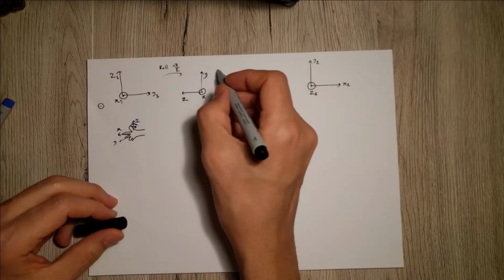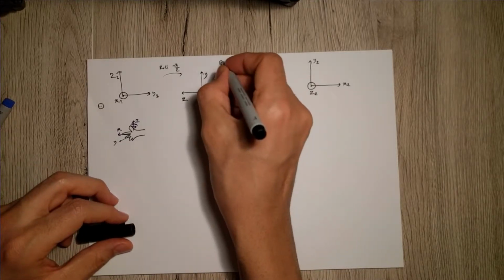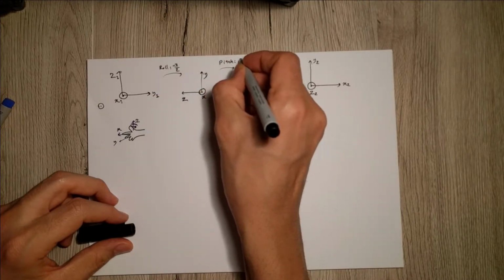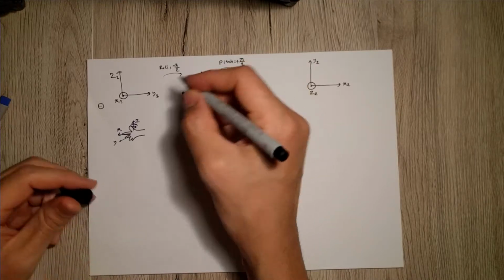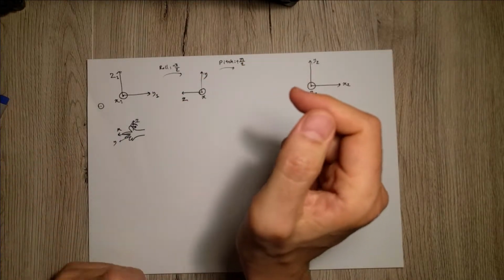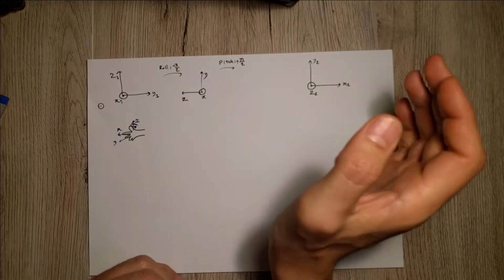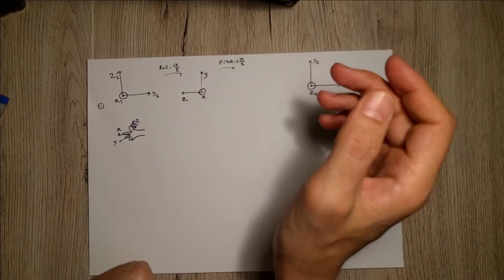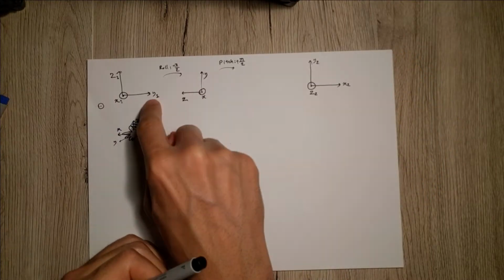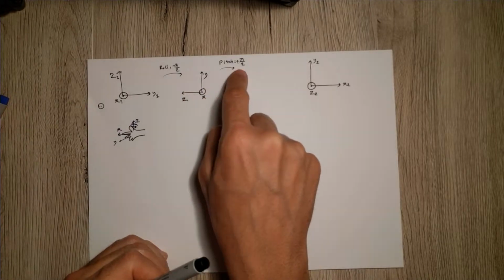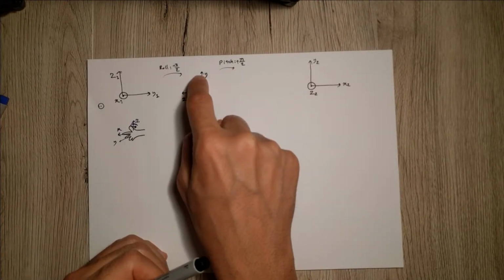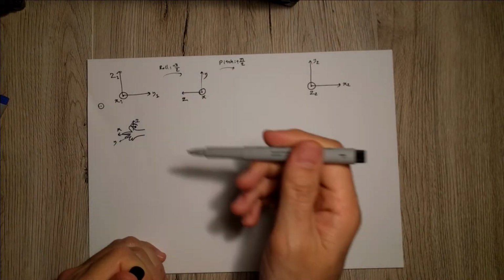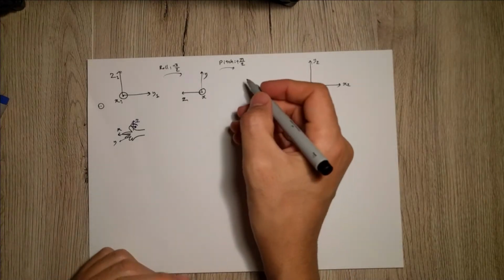Okay, now I will apply pitch. Again, plus half a pi. Pitch is rotation around the y-axis, but the new y-axis, this one, not this one. So if you want to rotate half a pi, you have to rotate your axes around this new y, not around this one. Do not turn it around this way because it's going to be a wrong rotation.